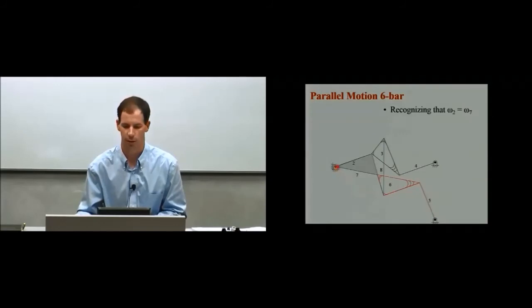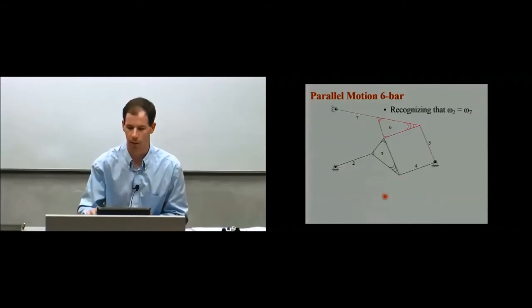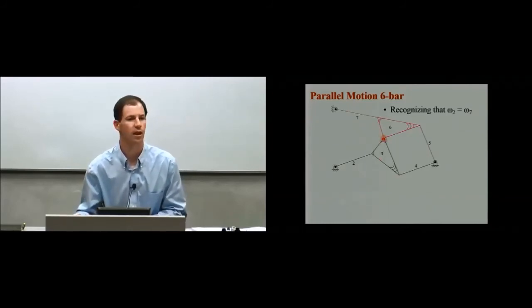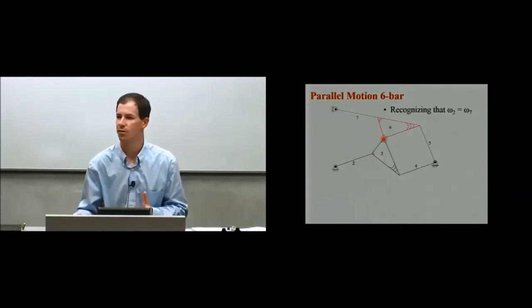So I've got a ground pivot, a pivot here, and a pivot here. And then I'm going to connect the two coupler points. So again, let me back up a little bit. Remember, I've got these two sharing the exact same point in space and saying they share the same path. They're cognates of each other. And link 2 and link 7 have the same angular velocity ratio, or rotate at the same angle.